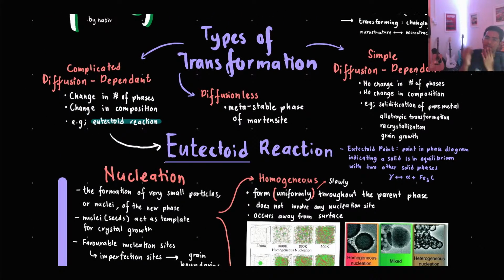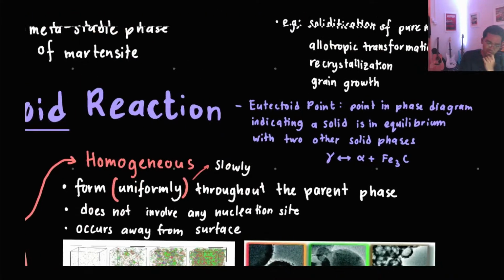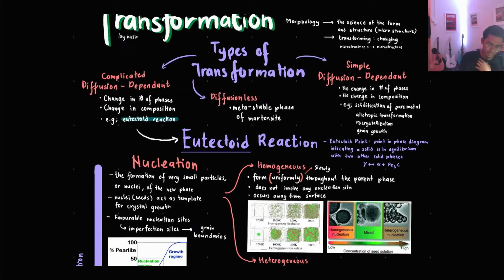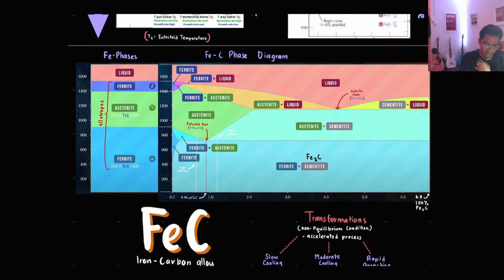So what is eutectoid? Eutectoid, or the eutectoid point, is a point in the phase diagram indicating a solid is in equilibrium with two other solid phases, which is the martensite and also the ferrite plus cementite. Okay, so let us see here.